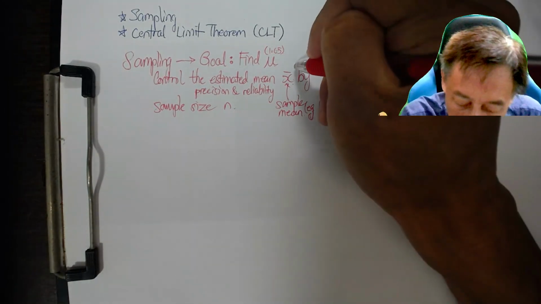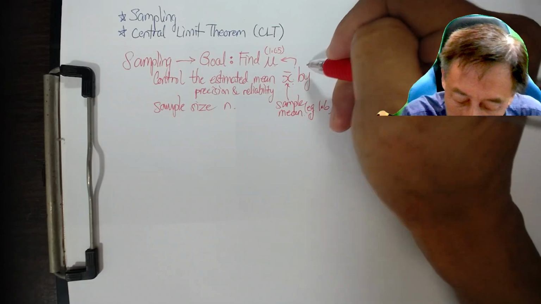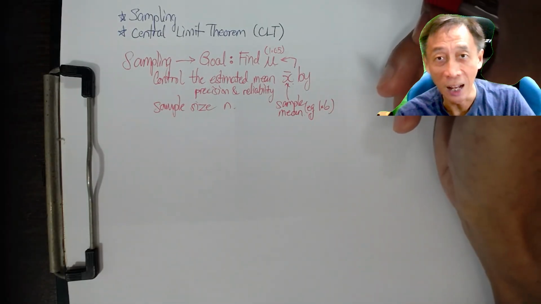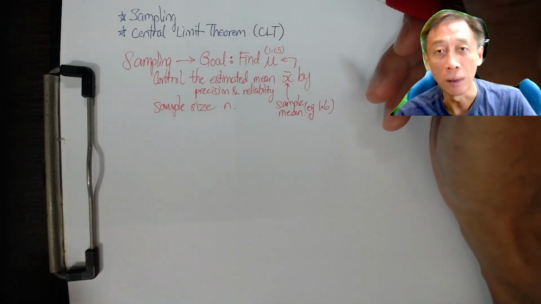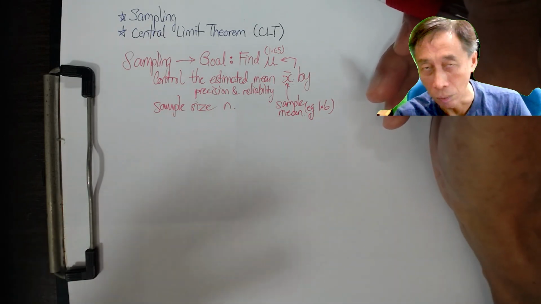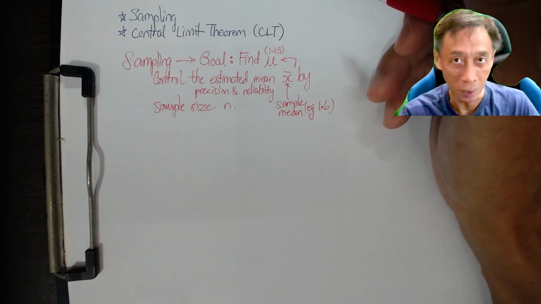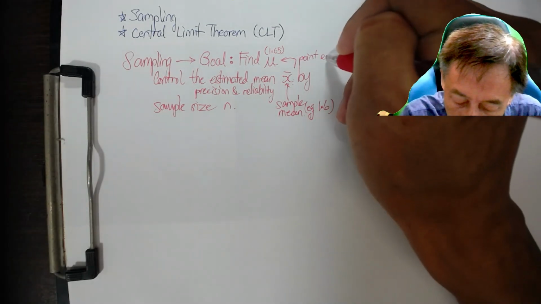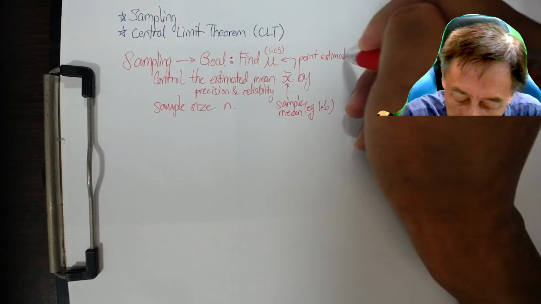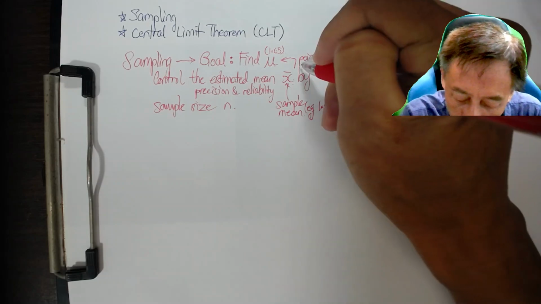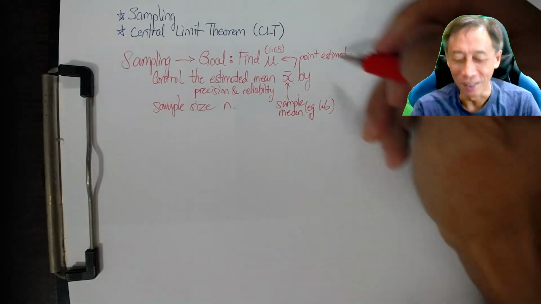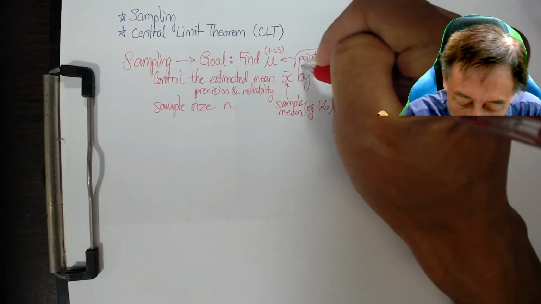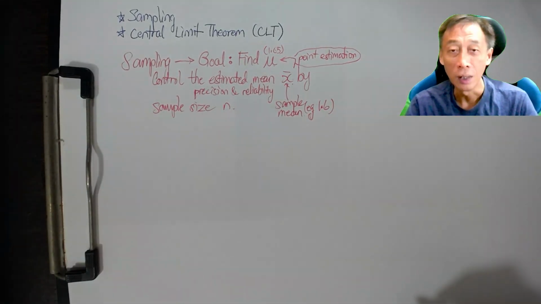So this action of taking the value of x bar and assuming that mu is 1.6, when actually mu is 1.65, which is never known, is called point estimation. The copying of x bar to mu is called point estimation.